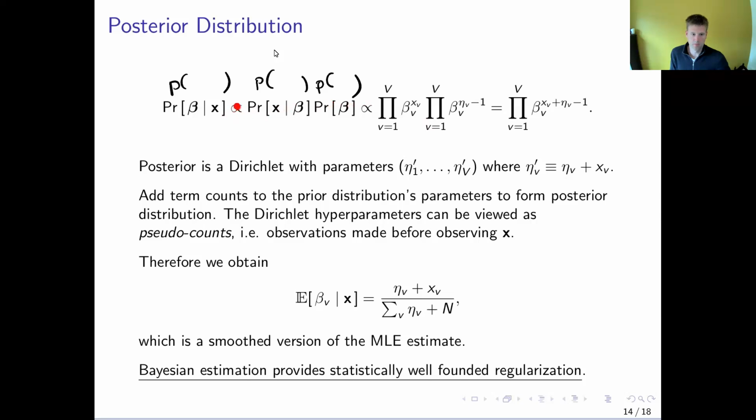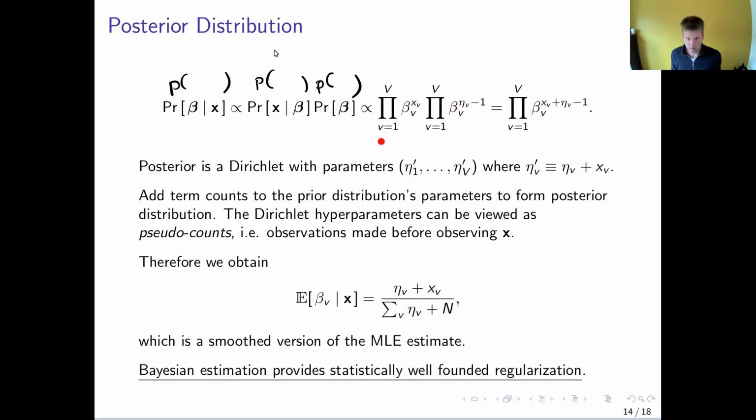I'm putting proportionality signs. All right, so it's okay that I've dropped anything that does not depend on the variables that I'm doing inference with respect to. Okay, I understand that there's going to have to be some normalizing constant to make the posterior integrate to 1, but it's not going to depend on the betas themselves.